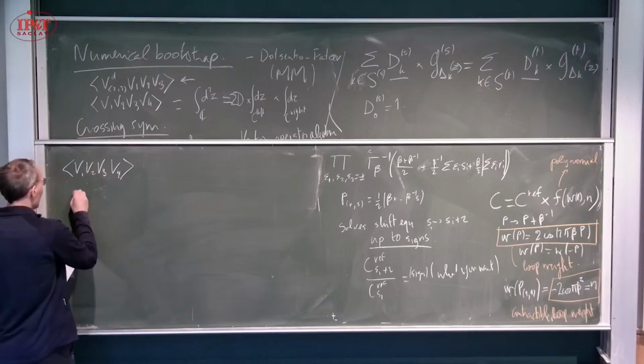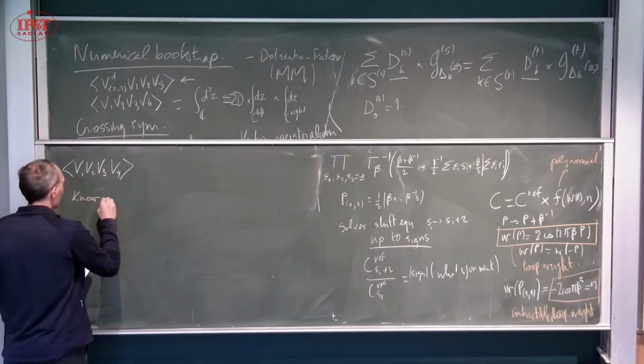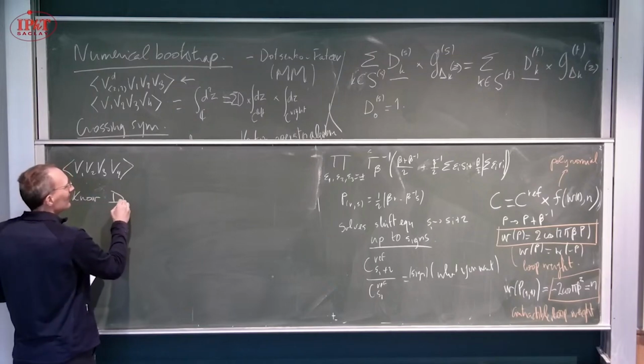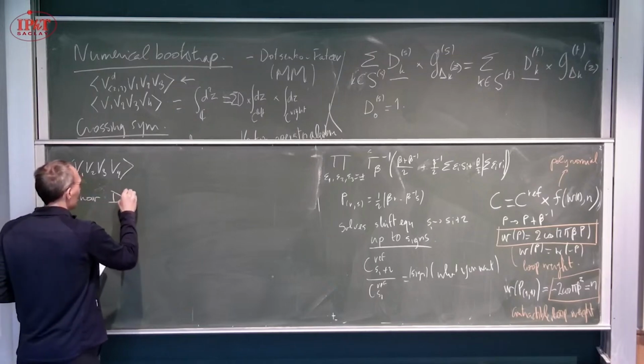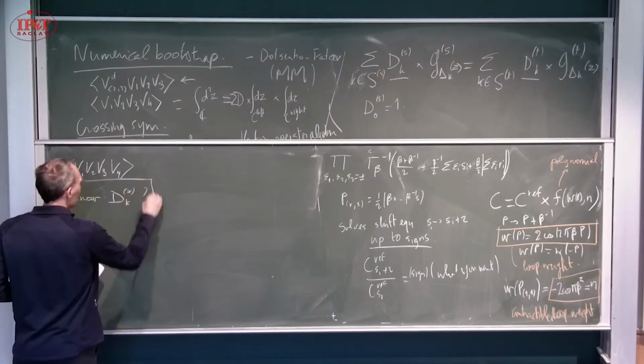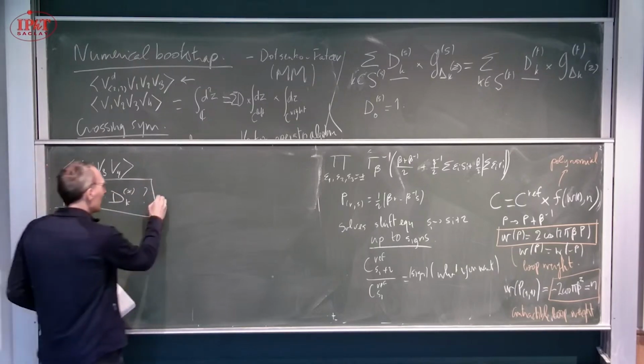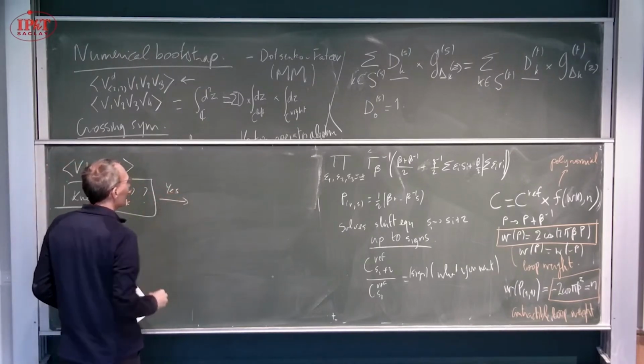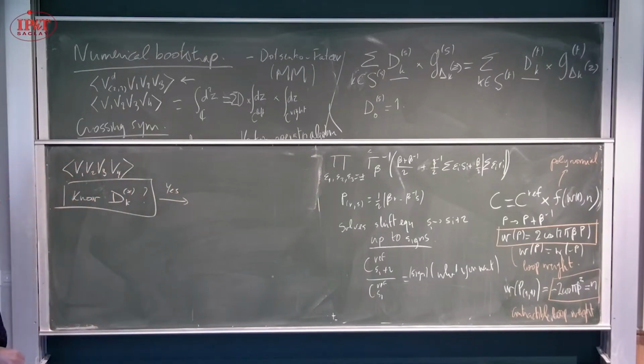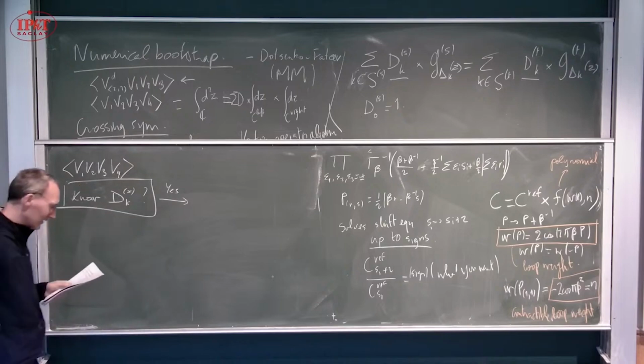So the first question is, do you already know the structure constants, the D_k? This happens, for example, in Liouville theory or in minimal models, where you know the solution. Then what's left is to check that this is obeyed, and you just check.